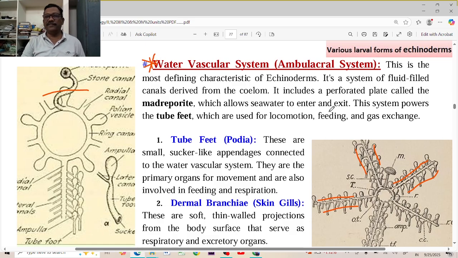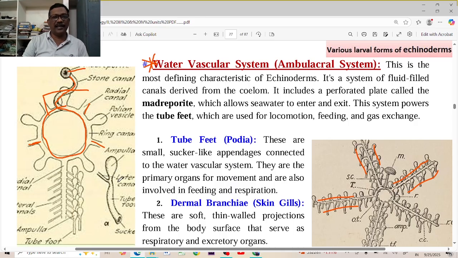In this water vascular system, this is the entry of the water current into the body. This is called the madreporite. This is the stone canal which leads into the radial canal. Through this radial canal the water current flows into all the five arms.